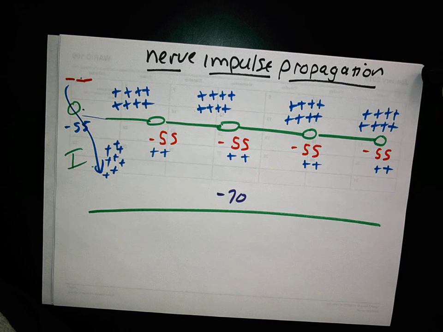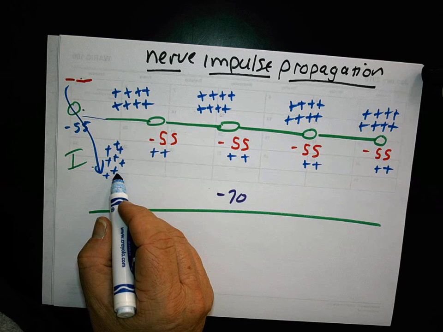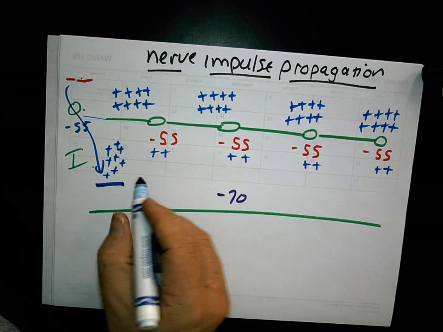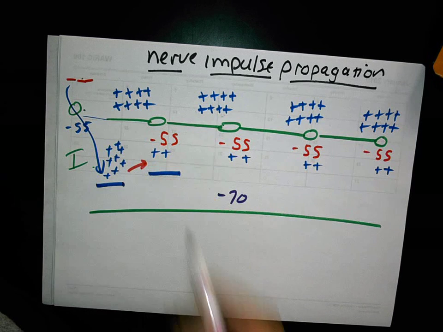Based on the laws of diffusion, what is this high concentration of sodium going to do? Diffuse from high to low. If you have more sodium here than you have here, which direction will the sodium diffuse? From here to here, correct?